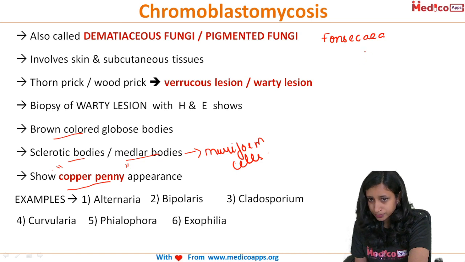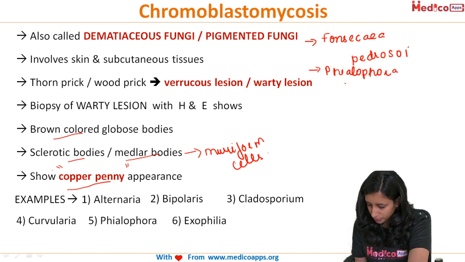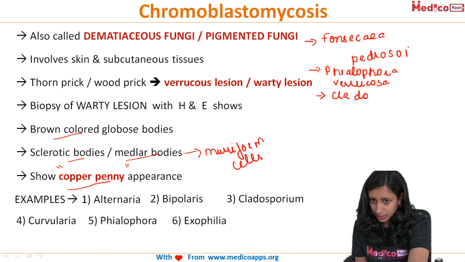So basically the various ones that are commonly seen pertaining to this Chromoblastomycosis are what is known as Fonsecaea pedrosoi. That's the first fungi that you have to remember. Next is known as Phialophora verrucosa. The next one is what is known as Cladosporium carrionii.